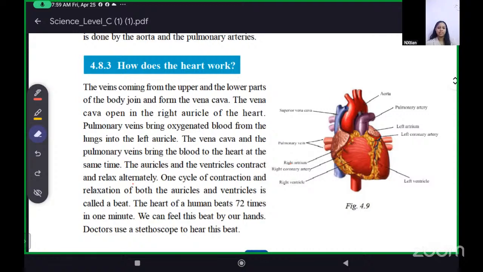You can say it is an electrical system that generates signals of contraction and relaxation. It is known as an electrical impulse.